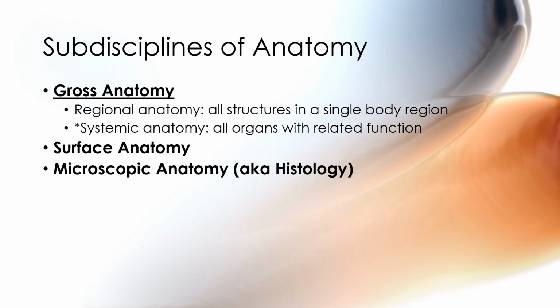And we don't cover too much of that in this course. But we do a lot of microscopic anatomy, which is also called histology. Our second lecture in this unit is all going to be about histology, which is on the microscopic level, right? So we're looking at tissues of the body under the microscope. Okay, so we're looking at all the cells.